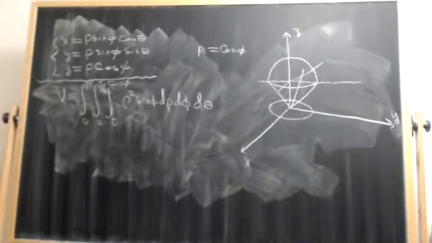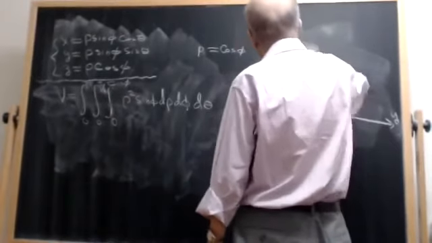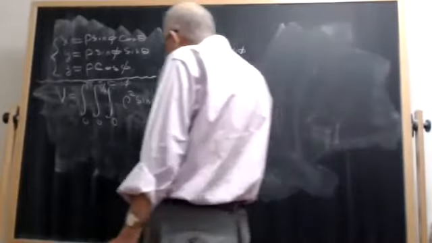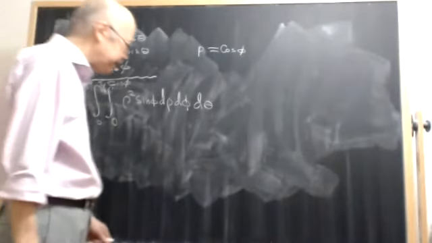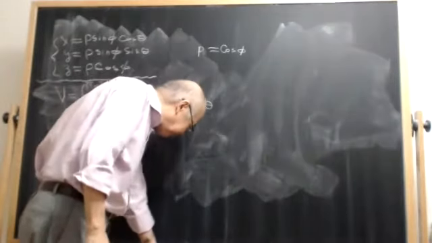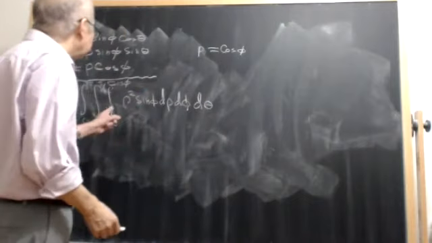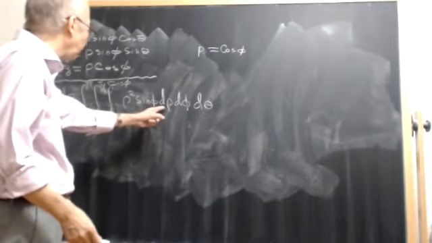So we have to integrate this step by step. We have to peel off the skin one by one. And as I said before, for simple integrals, it's always good for you to practice doing this by hand. So first of all, we are going to integrate with respect to rho.